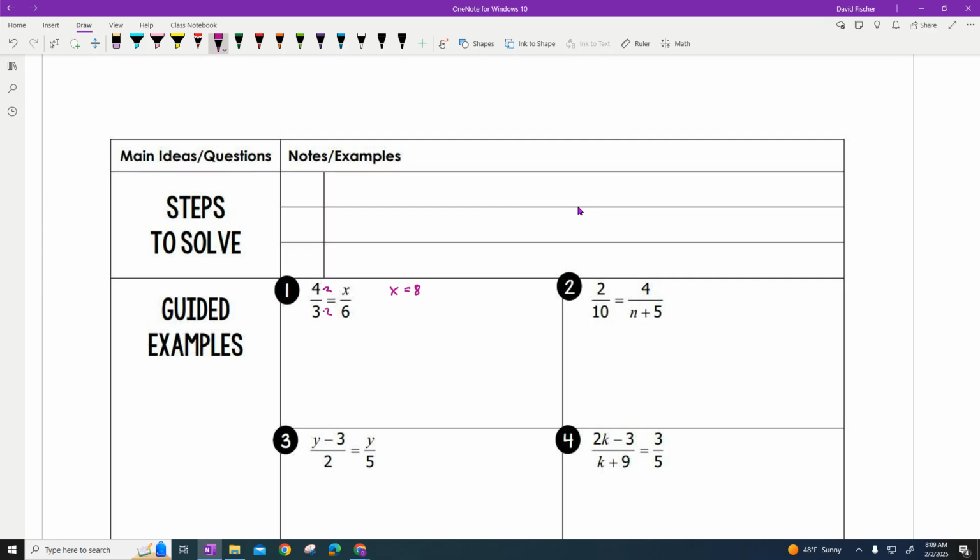But we get problems now when sometimes it's like this, more complicated problems. And so what we want to do is be able to use algebra to get that same answer there, okay? And so here's what we're going to do first. Number 1, we're going to cross multiply.